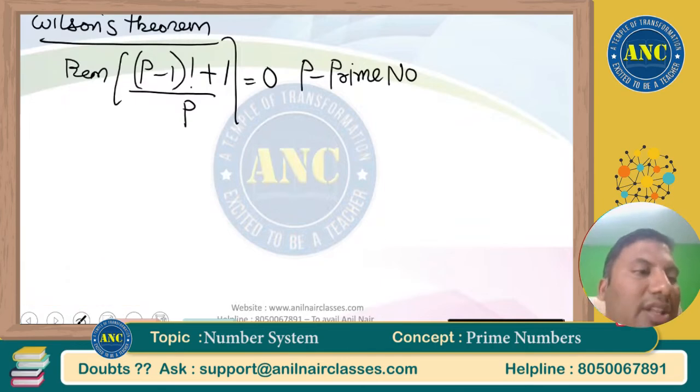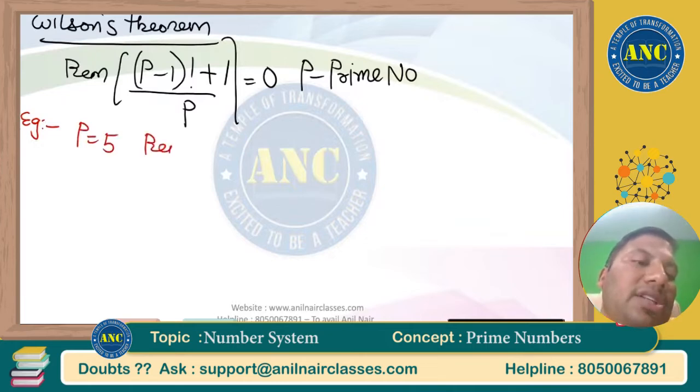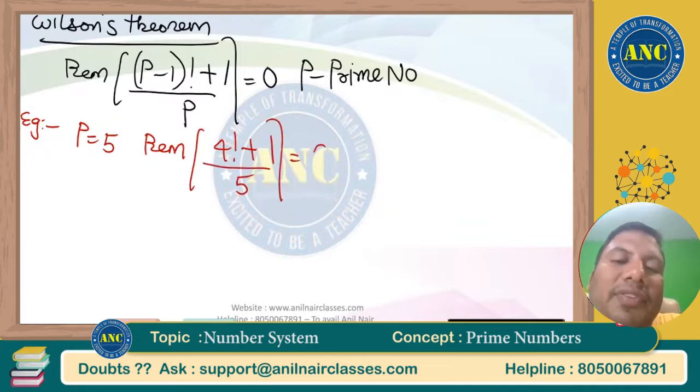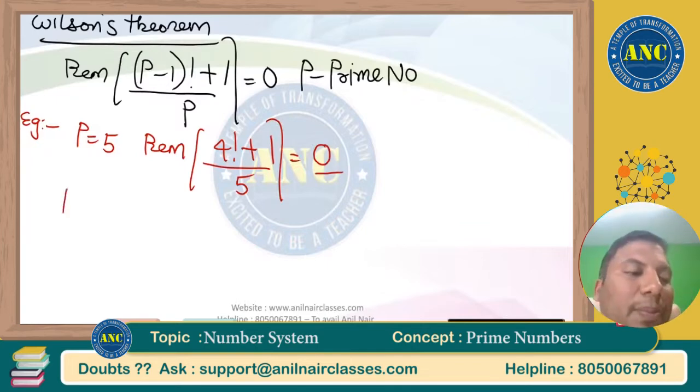Let us cross check whether this notation is right or wrong by taking P value 5. This is nothing but 5 minus 1, 4 factorial plus 1 divided by 5. 25 divided by 5. What is the remainder? 0.